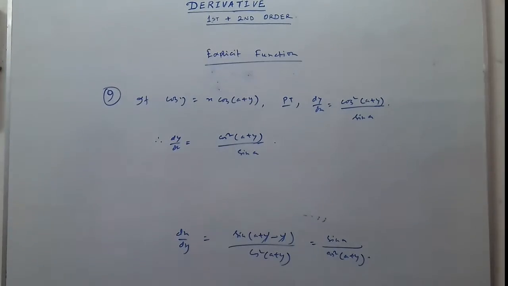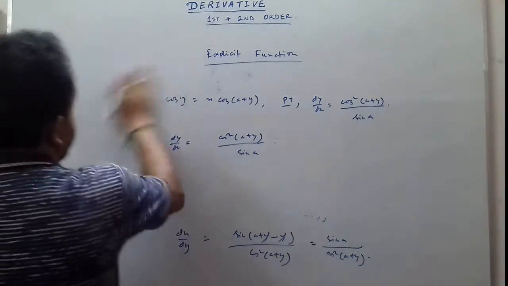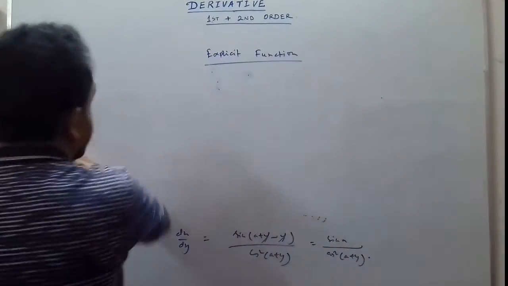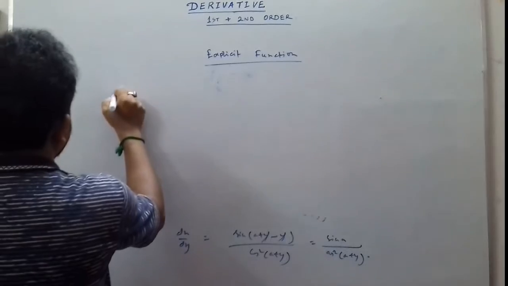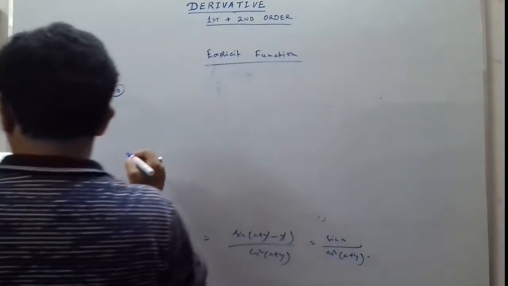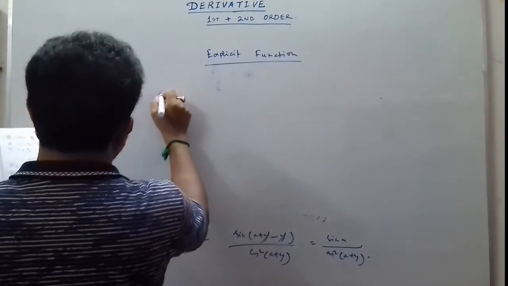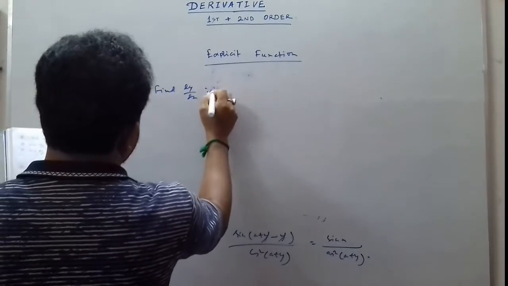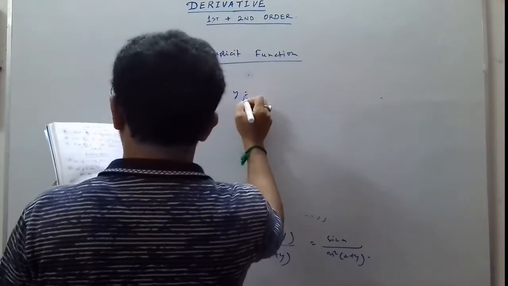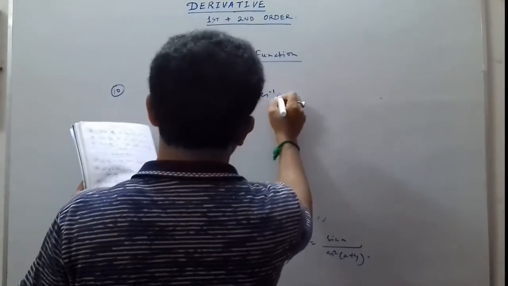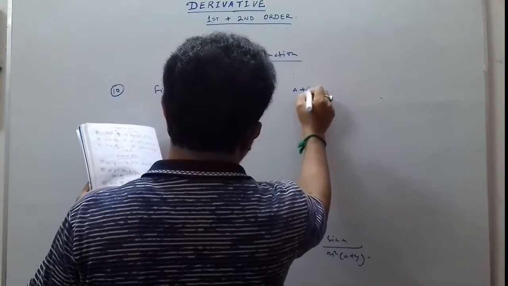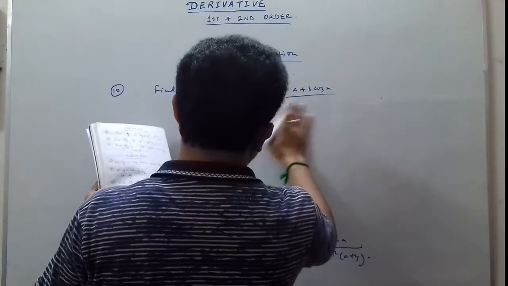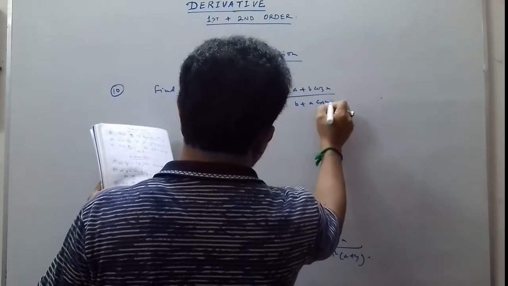Now find dy/dx if y is equal to, another problem, problem number 10. Find dy/dx if y is equal to cos inverse of (a plus b cos x) divided by (b plus a cos x).